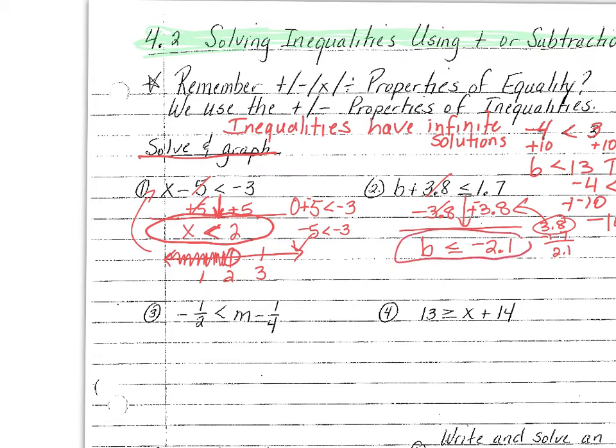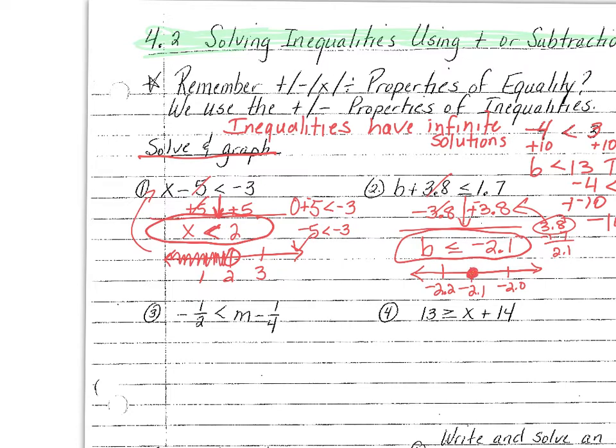That is now my solution set. Draw your number line. What's the most important number to have on the number line? Negative 2.1. To the left of it is negative 2.2. To the right is negative 2.0, right? So, do we have an open circle or a solid dot? Solid dot.